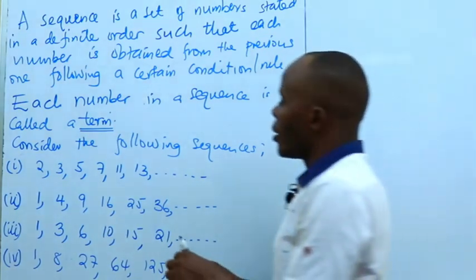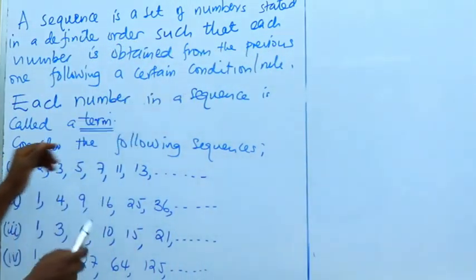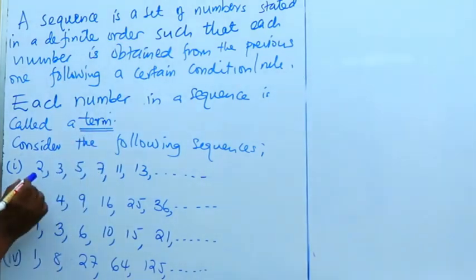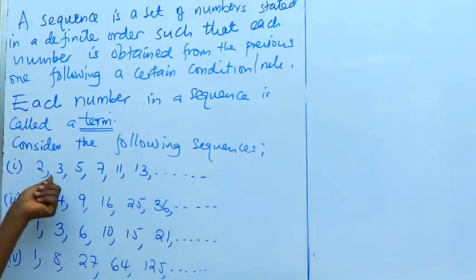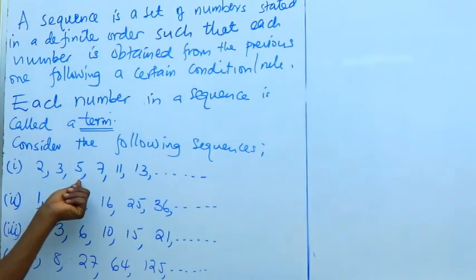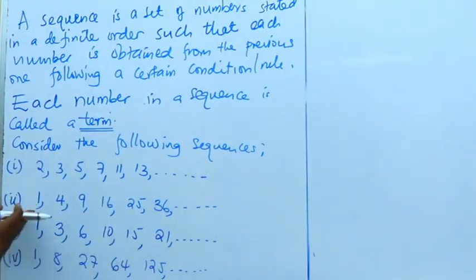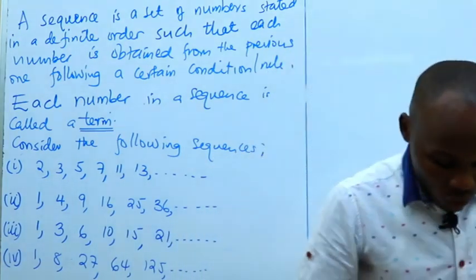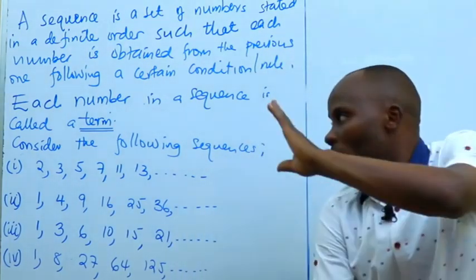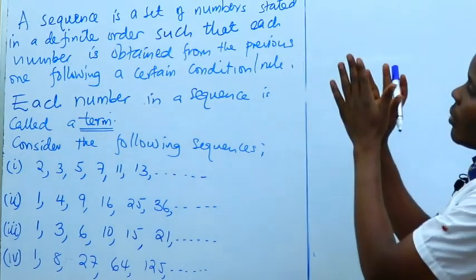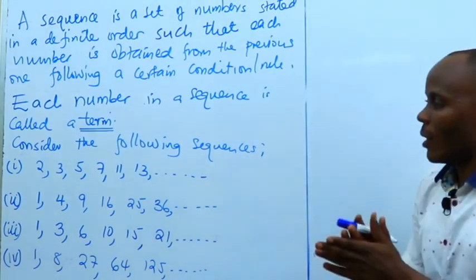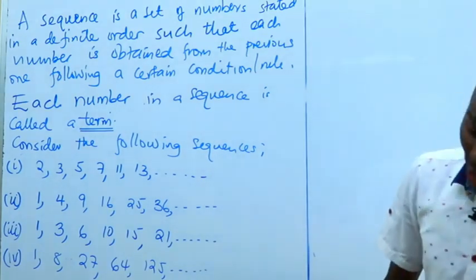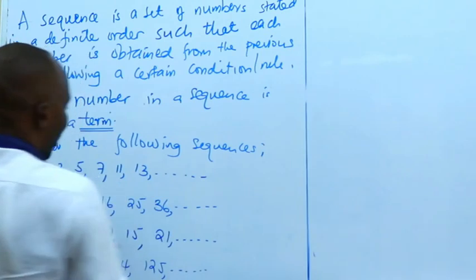As a reminder, I've said, each number in the sequence is called a term. So, in the first sequence here, 2 is the first term, 3 is the second term, 5 is the third term, and so on. When you look at this sequence here, 1 is the first term, and so on. So, I'm trying to emphasize what a sequence is, and I've tried to give some examples. By the way, each and everything has got a significance.